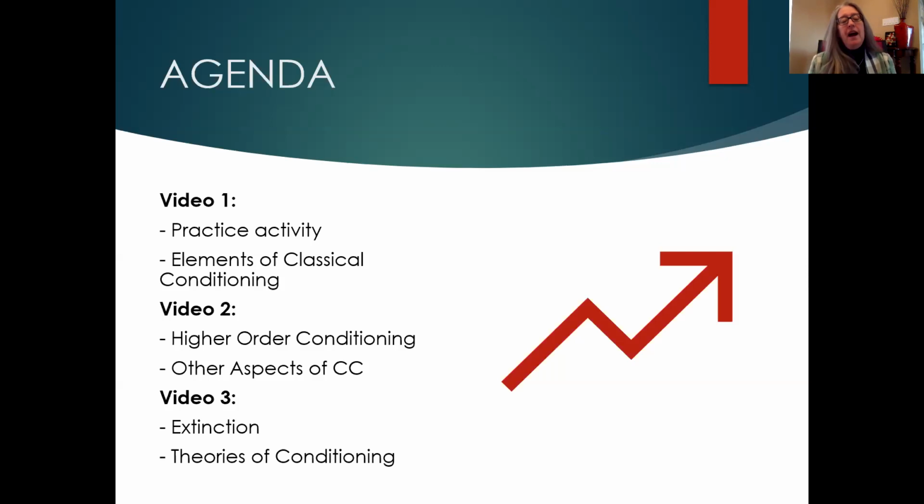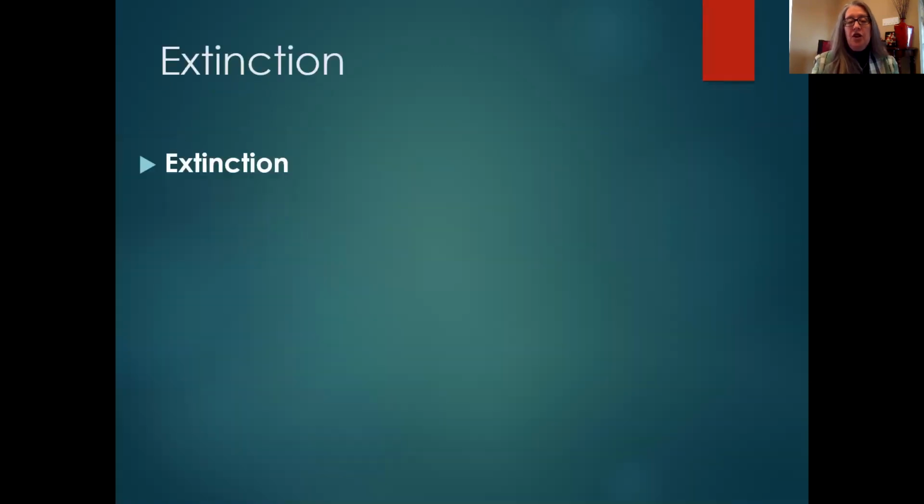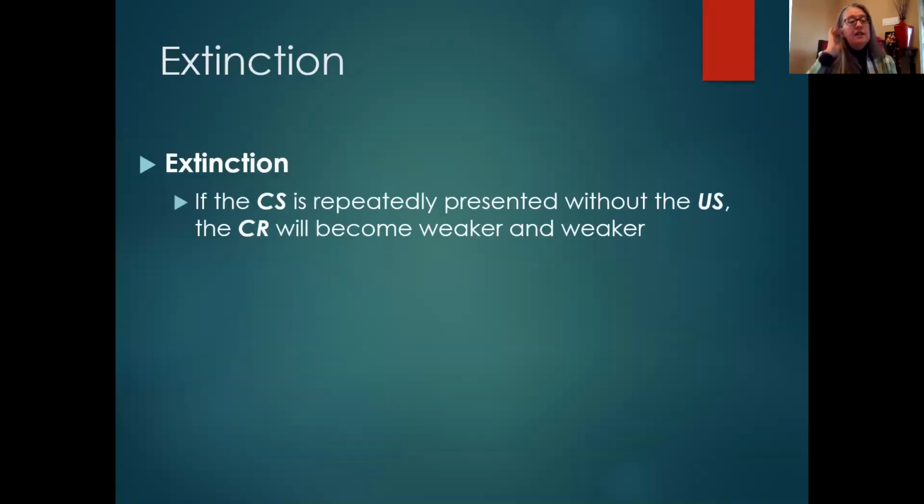So, okay, in this video, we're going to talk about extinction and the theories of conditioning. Let's get started. What is extinction? Extinction will occur if the CS is presented over and over without the US. So if we present the metronome but no food, of course the dog is going to salivate the first few times, because you've already taught the dog.